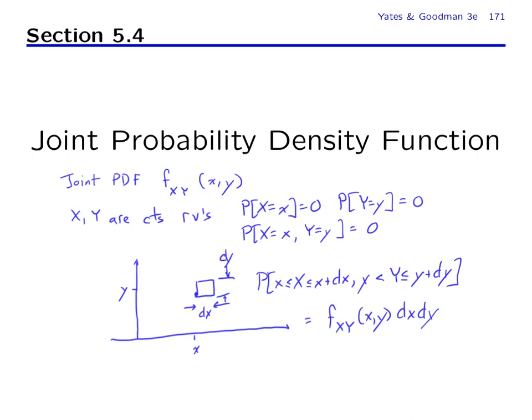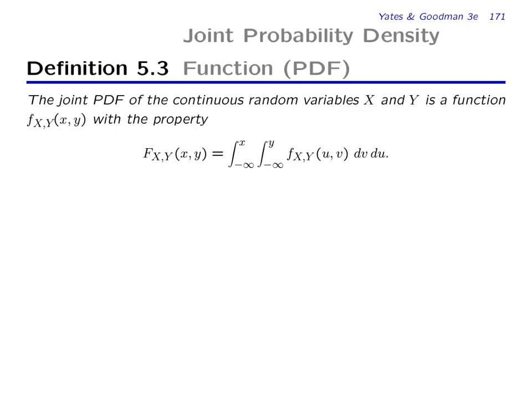So this is something of a hand-waving explanation of what a joint density function is, more of a description of a property you'd like to have. The formal definition's on the next slide. Formally, when we have a pair of continuous random variables, we start with a joint CDF.